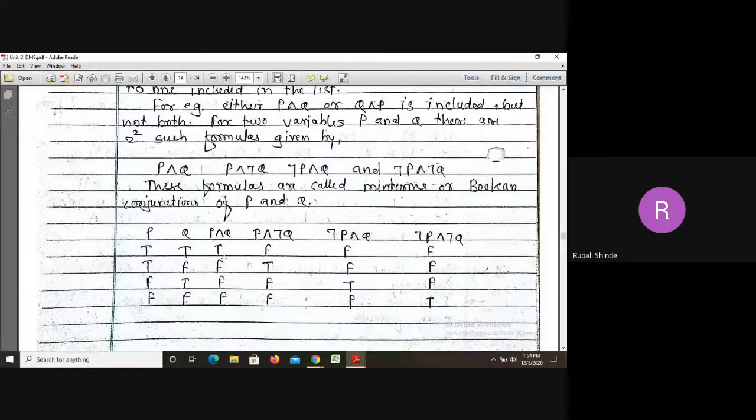For P and Q, the truth values are T, F, F, F. For P and negation Q, it is F, T, F, F. For negation P and Q, F, F, T, F. And for the last one, negation P and negation Q, F, F, F, T. So from this, we can draw one conclusion: each and every minterm has its own values of truth.